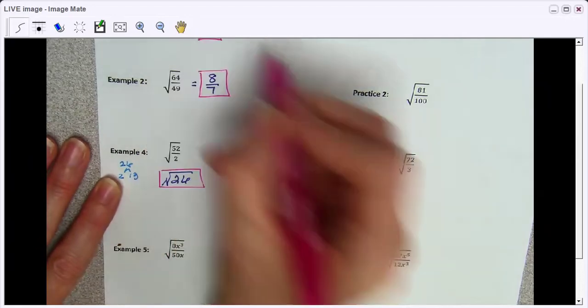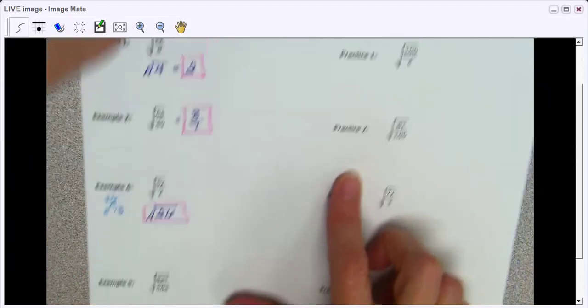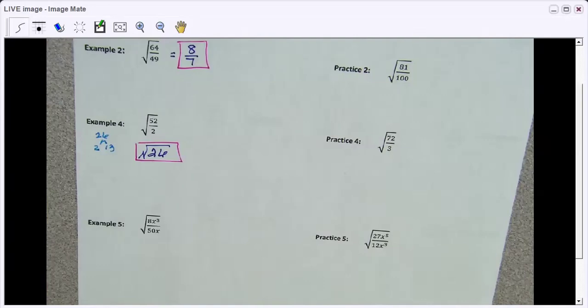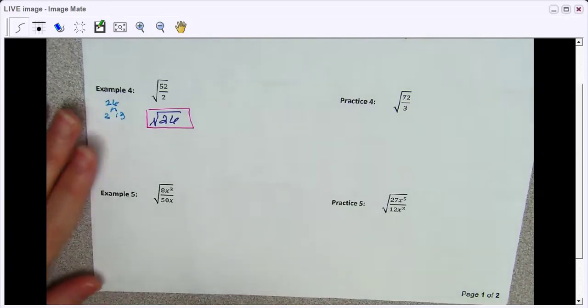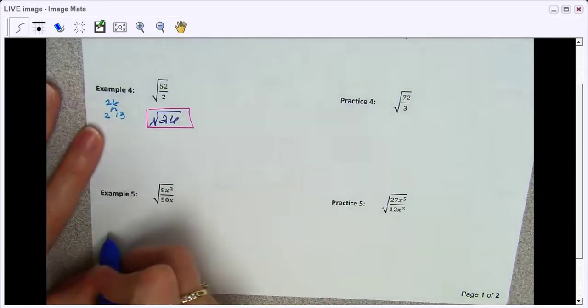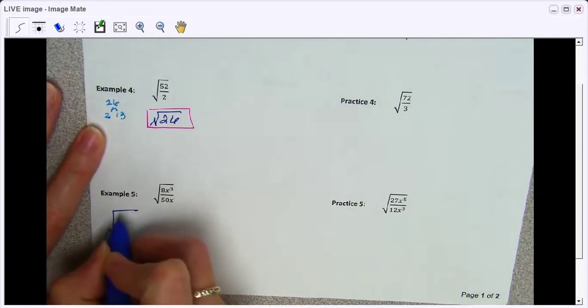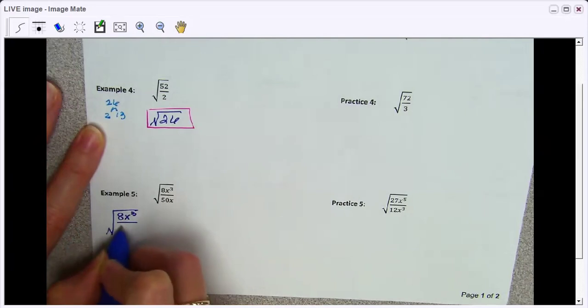The last one on this side is the square root of 8x cubed divided by 50x. Remember, I want to try to reduce what is inside the radical first. So I'm going to rewrite this whole thing. We have 8x cubed over 50x.